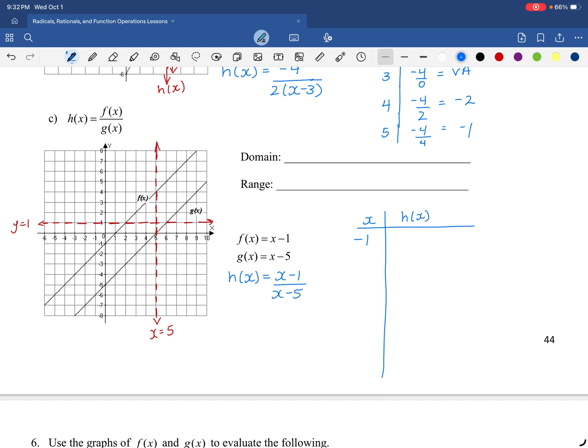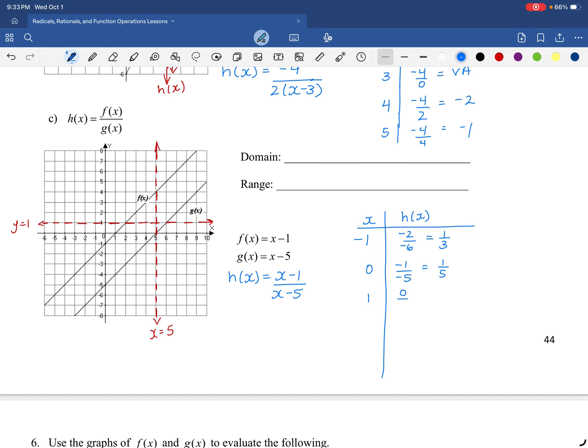So when x is equal to -1, function f is -2, and function g is -6. So therefore it's just going to give me a third, so super close to the y-axis. When x is equal to 0, function f is -1, function g is -5, so that's just going to give me a fifth. When x is equal to 1, what's happening?